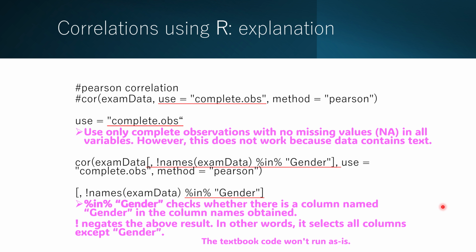This is a robust way to avoid errors when a data frame mixes text and numbers. I want to avoid the mixture of text and numbers. Gender contains text, so I would like to avoid the gender variable like this.